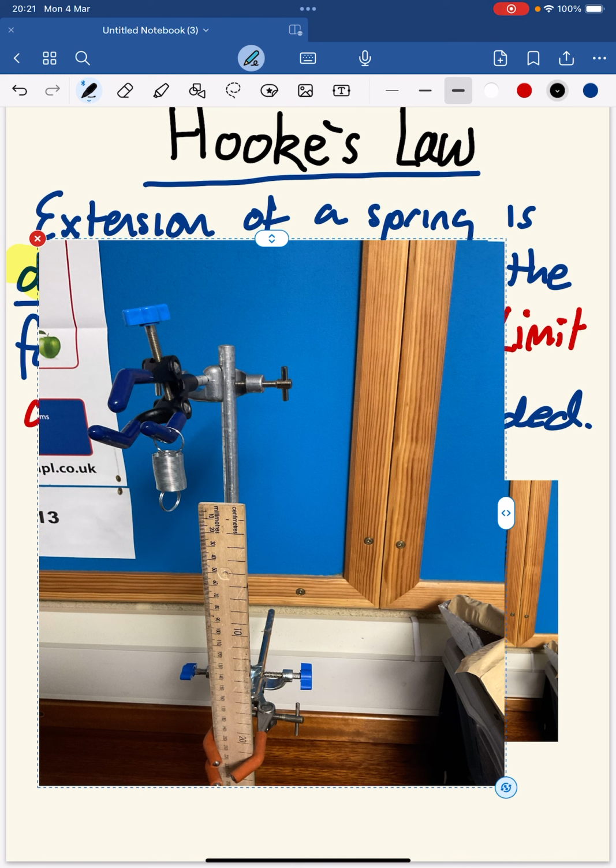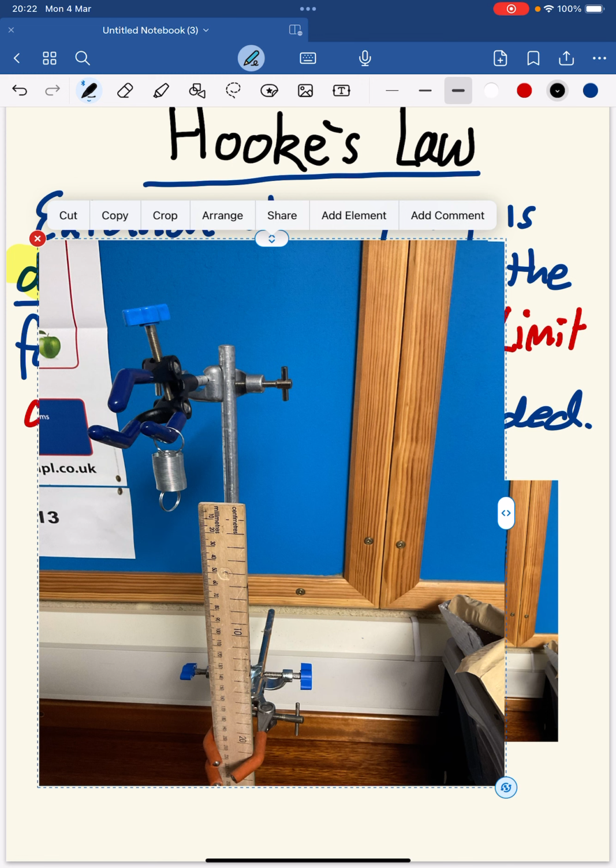Now, for this practical here, you can see I put the bottom of the spring at the point where it hits 0 centimetres or 0 millimetres. Alright, so that's key when we do this.